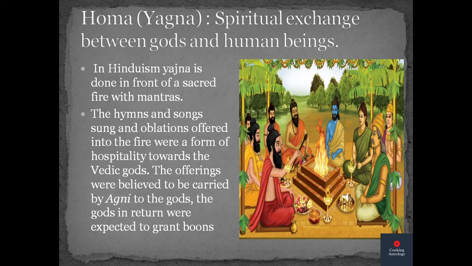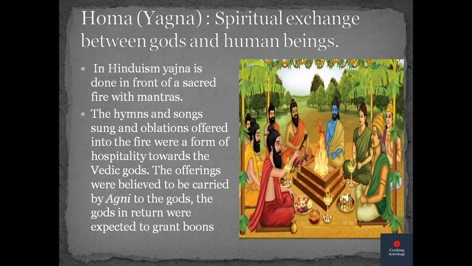Whenever you are offering something to Agni Dev, the Agni is going to get more and more. It is going to grant you something. And it is very auspicious in order to burn your own malefic karmas.